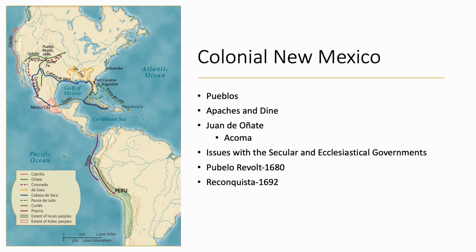Some of the pueblos were friendly, some of them were not, but at the end of the day, there was never this coordination between one and the other. And so all of a sudden the pueblos are putting their differences aside and conspiring to revolt against Spanish rule. And this actually happens in August of 1680, when most of the pueblos simultaneously revolted against the Spanish.